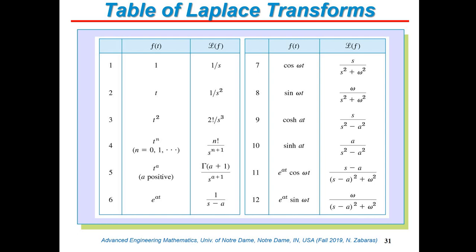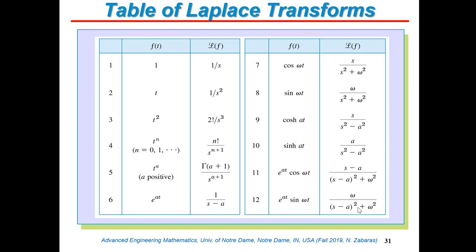You will see in textbooks lots of tables of Laplace transforms, and here is a summary of some basic ones. You don't really need to memorize those. Of course, when you do the homework, you will remember this for a day or two. After that, you need to consult a table so that you know the basic functions like monomials in t or sines or cosines or hyperbolic sines, or even the product of exponentials times cosine.